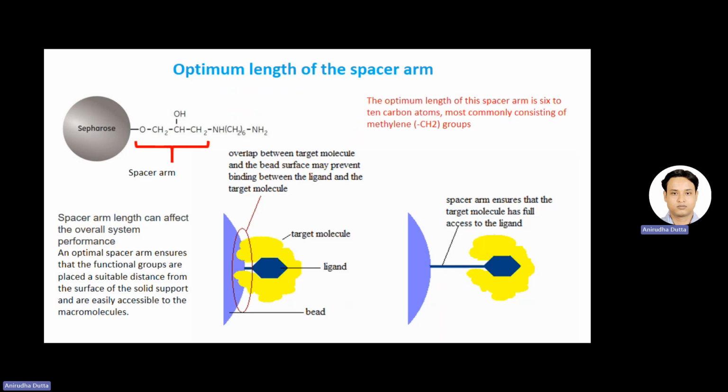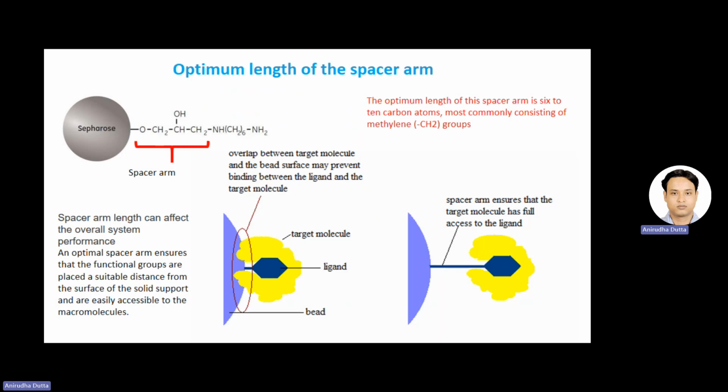So what would be the function of the spacer arm? It turns out the spacer arm is also very important for proper purification of any protein. The length of the spacer arm is very important.